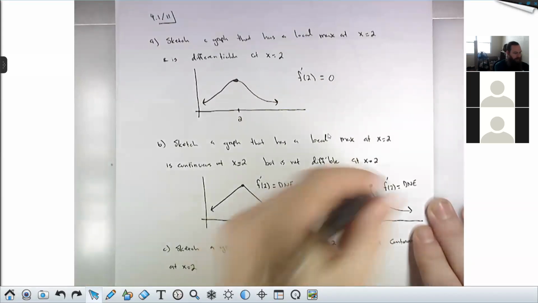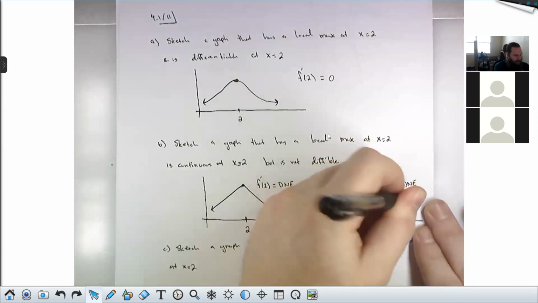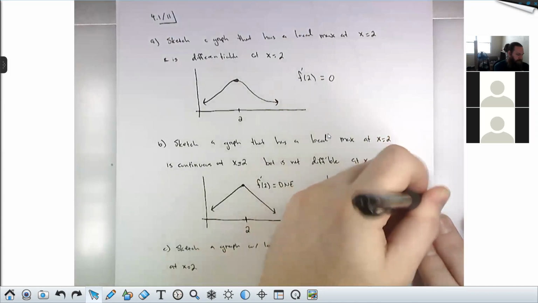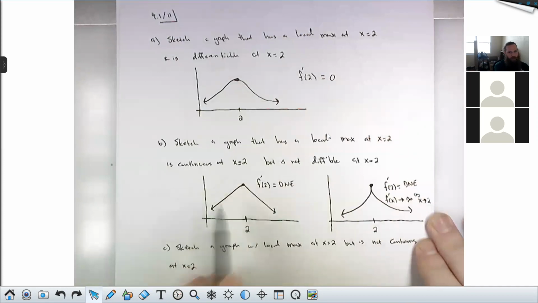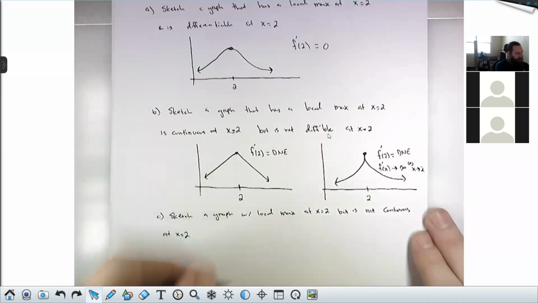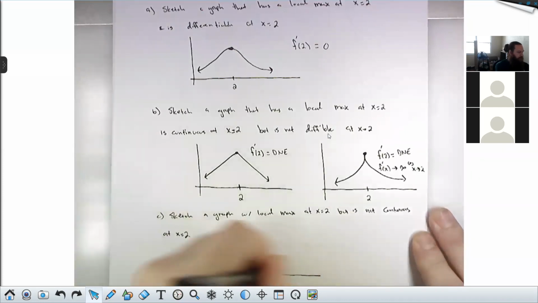Here, on this guy, f prime of x would be going to infinity as x goes towards 2. And here, there wouldn't be anything special. f prime would just have a jump discontinuity at 2. And then the last of these cases: if I'm going to have a local max at 2, but not be continuous there, certainly I can't be differentiable there.